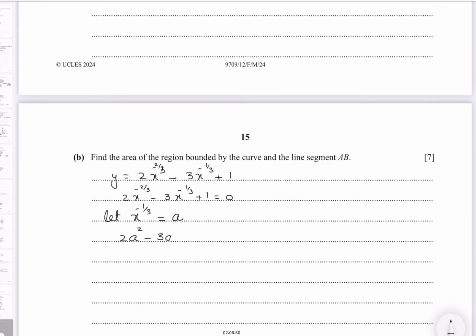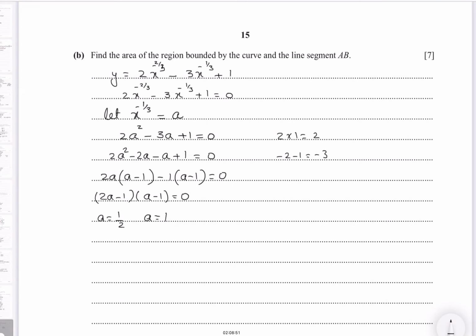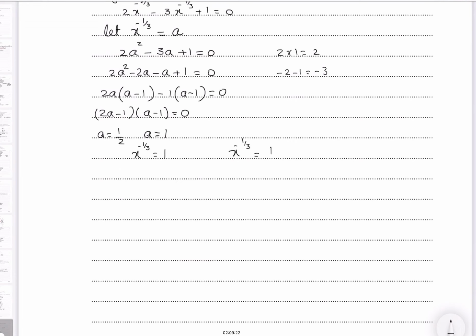So it becomes 2a square minus 3a plus 1. Now factorize it. So your factors are 2a minus 1 and a minus 1. So your a is equal to 1 over 2 and a is equal to 1.